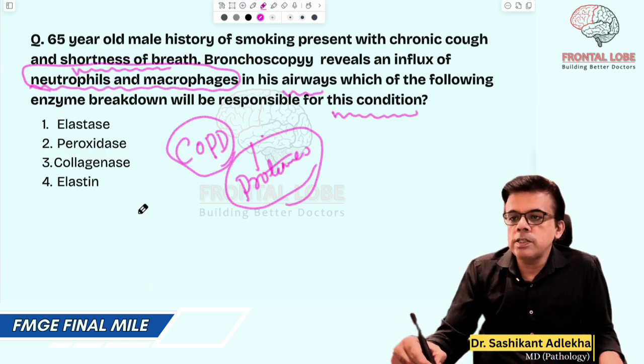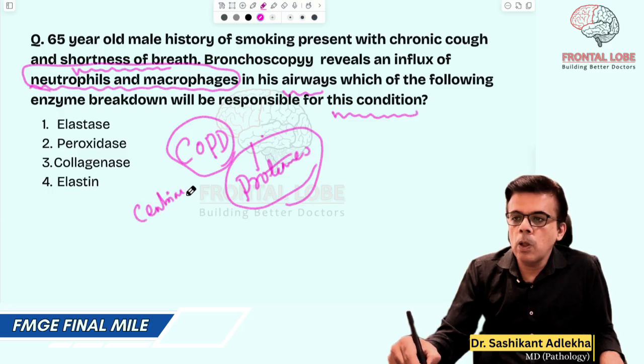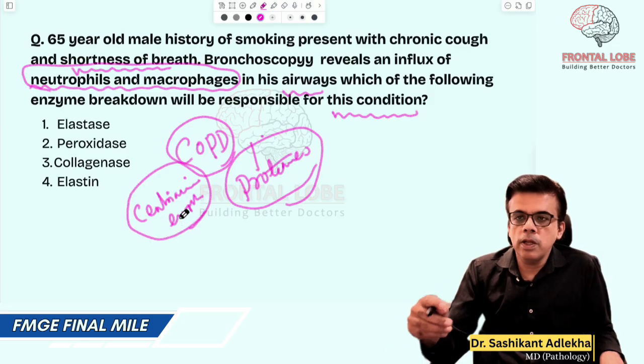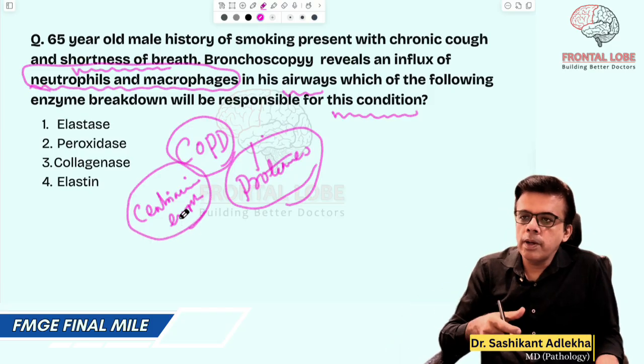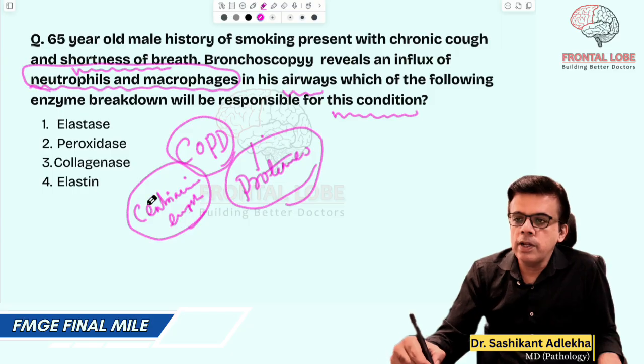In airways, elastic fibers are the predominant constituent, and in cases of emphysema, like centriacinar emphysema, which is associated with smoking, shortness of breath is seen as well.